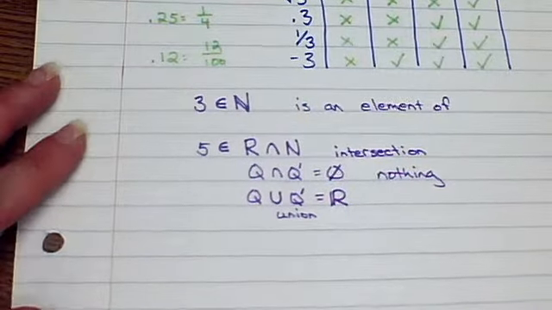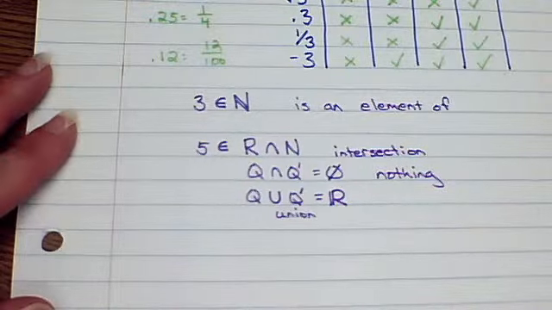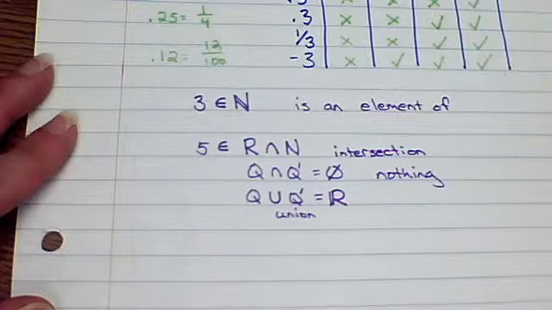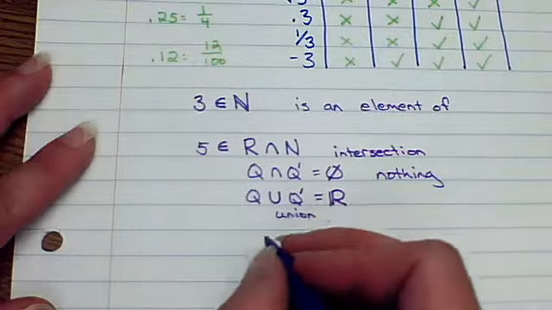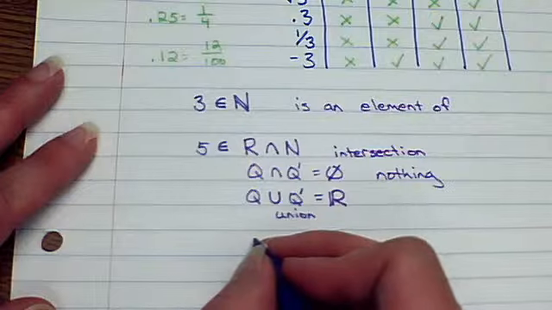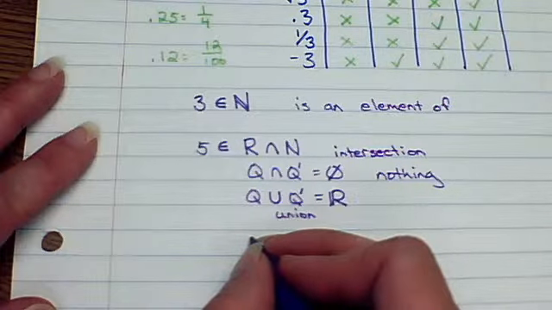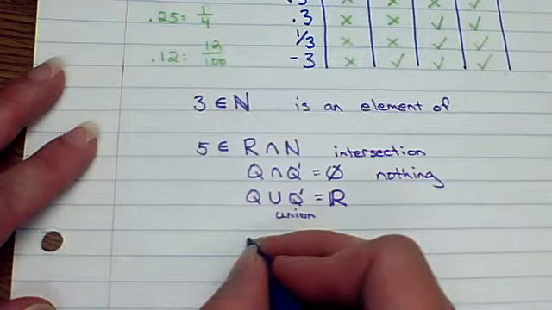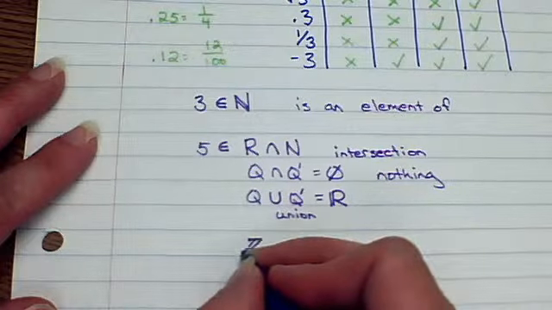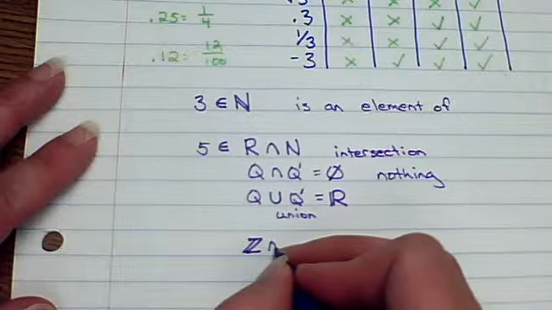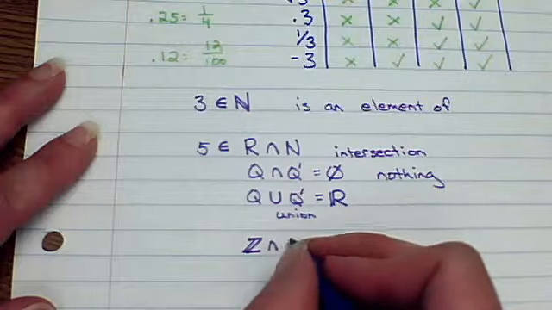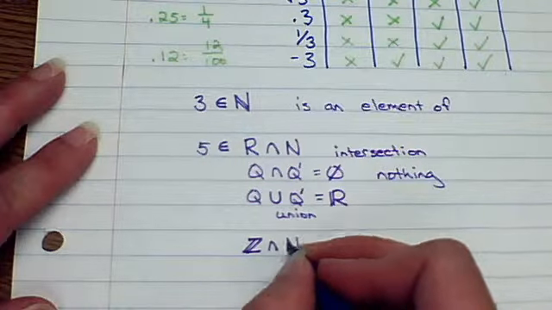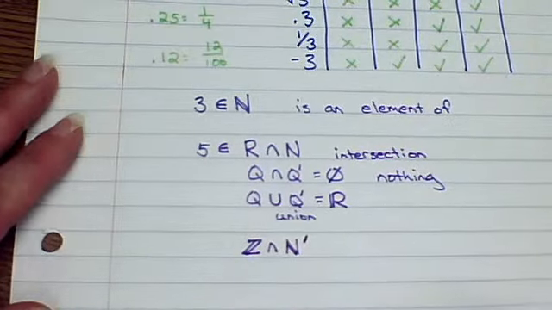Let's try another one. This one's kind of fun. What would I get if I took the integers and intersected that with not a natural number?